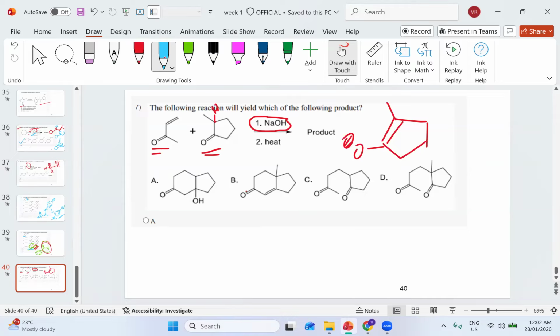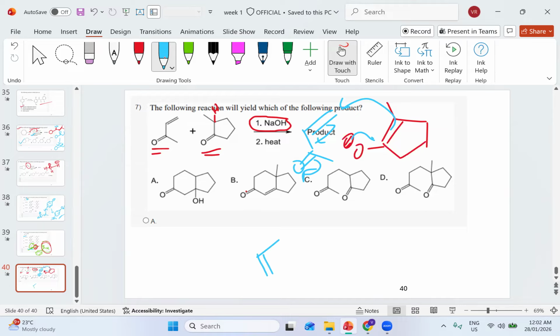I'll draw with a different color here. Okay, on this one. So this goes back here. This attacks here. This bond moved here, and this again goes here. So what we'll get here? We get like this.